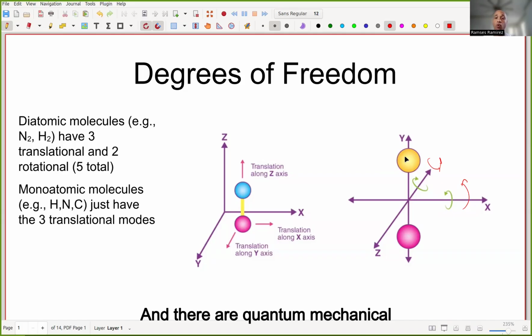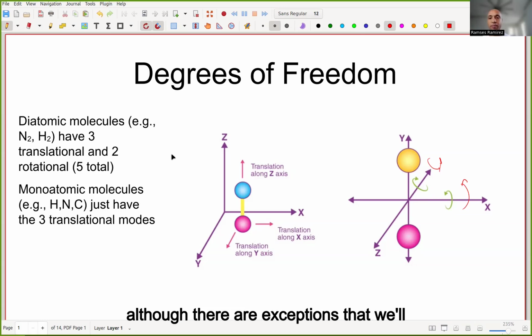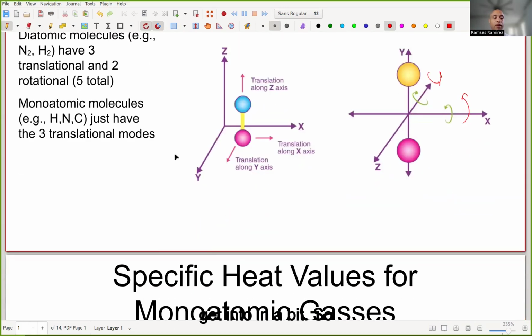And there are quantum mechanical reasons for that we won't discuss in this particular lecture. But that's just to let you know that essentially we're dealing mostly with translational and rotational modes for most of these molecules, although there are exceptions that we'll get into in a bit.